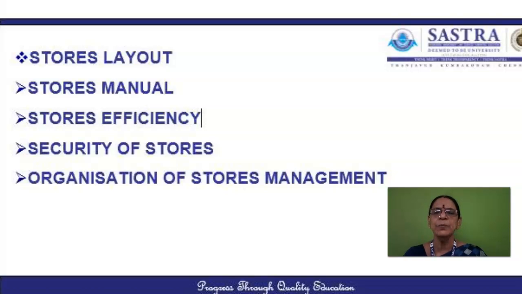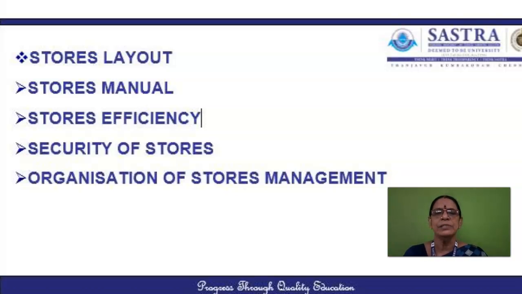Where there is only one production unit or where most of the production units are situated in the same building, one central store is organized for all the production departments. But where the manufacturing units are at different places, it is usually convenient to have separate stores for the separate production units.